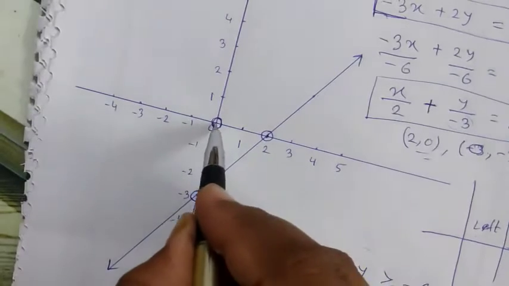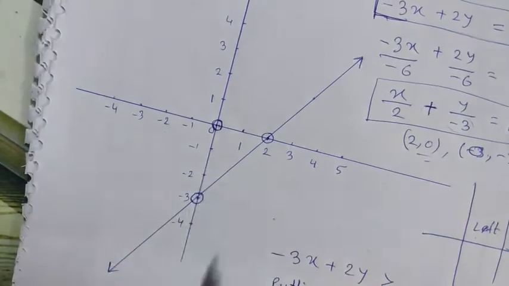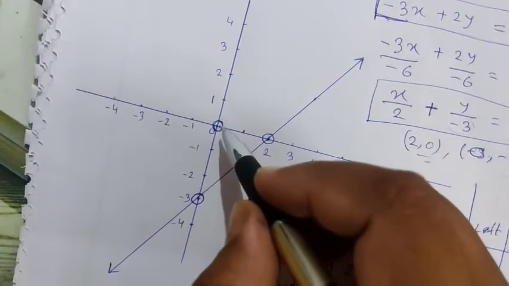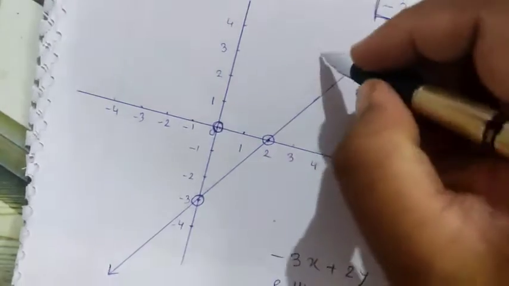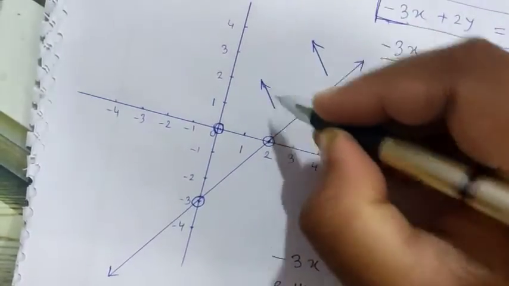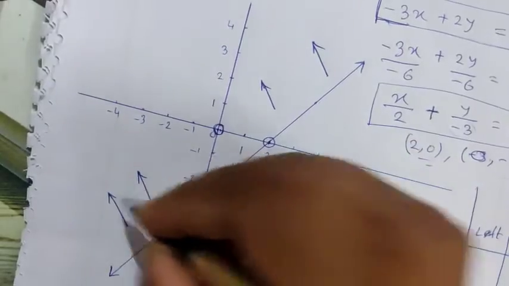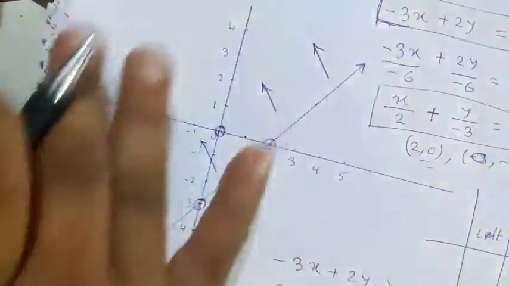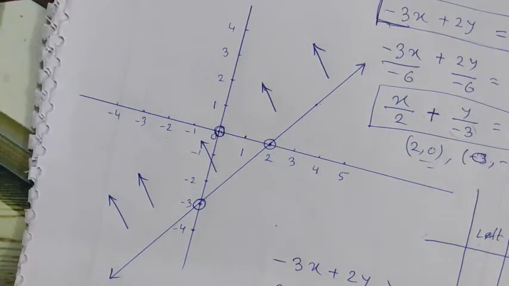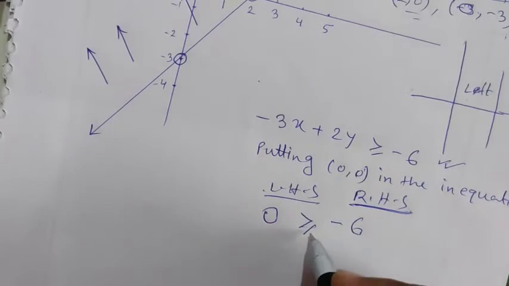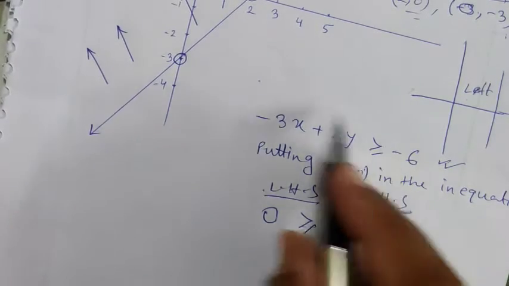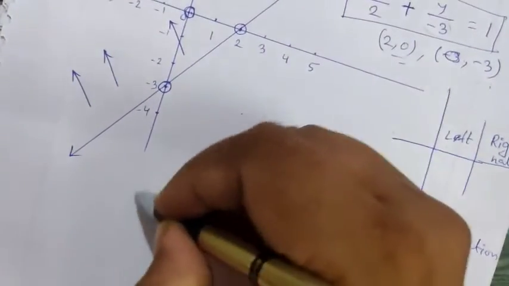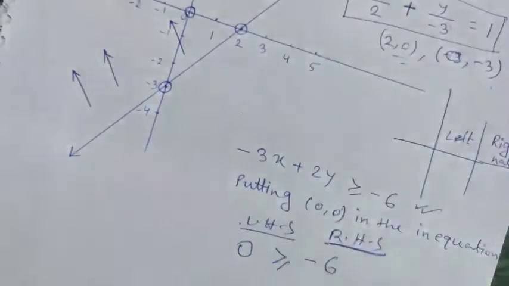That means (0, 0), this origin, should be inside our solution set. So definitely the solution set contains (0, 0), so the solution set will be on this side, that is the upper half of this line. So the entire upper half will be our solution set. If (0, 0) doesn't satisfy this inequation, then the lower half of the straight line will be the solution set.